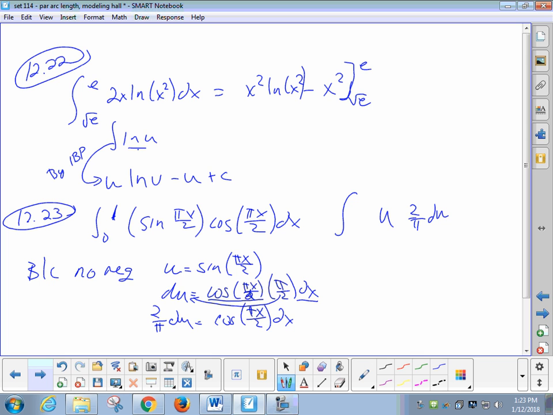I hope I chose right. Now I'm thinking I could have gone either way, and my answer's not going to be there. If I go 0 there, then u of 0, or sine of 0, is 0. And 1 is sine of pi over 2, which is 1. Is that there? Yeah.